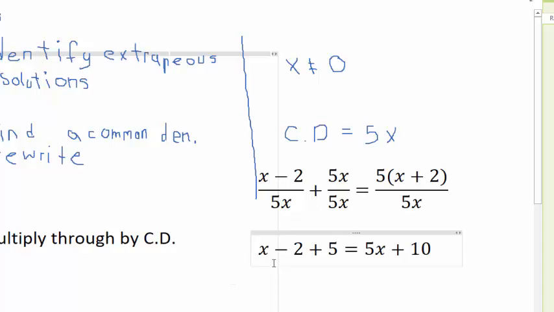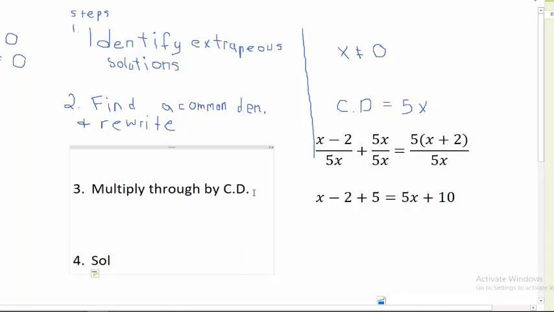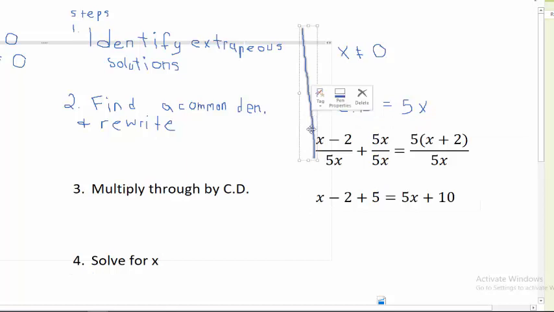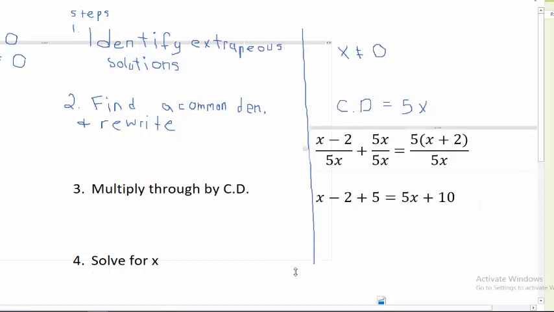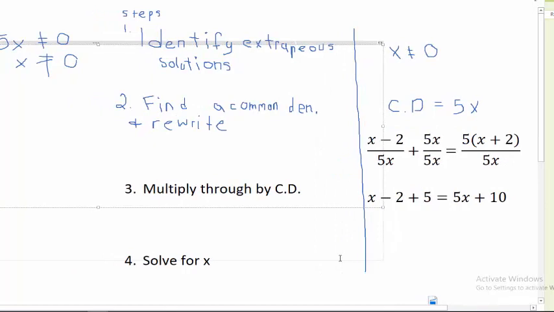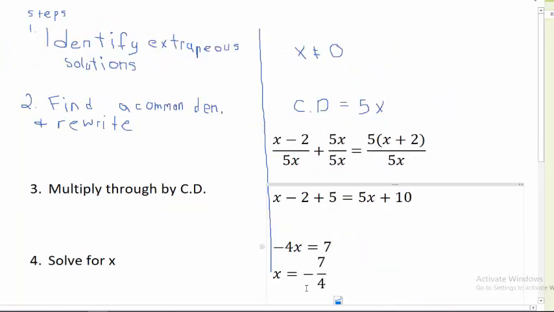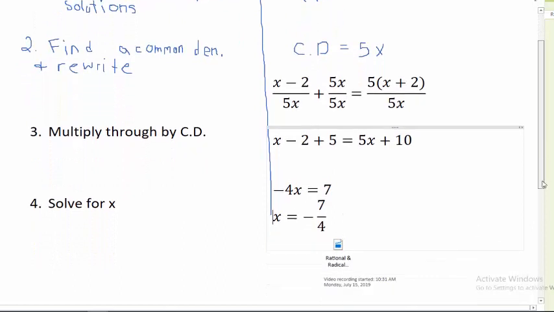Note that when I multiplied through by the common denominator and eliminated it, I also distributed this 5 into the x plus 2. So the last step is just to solve for x. And you can do that on your own, and when you do, you will find that x equals -7/4. If you're not sure why, you can pause the video and work it out and see how to get that answer.